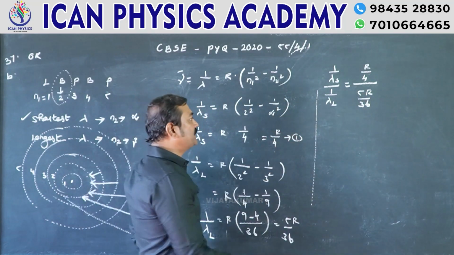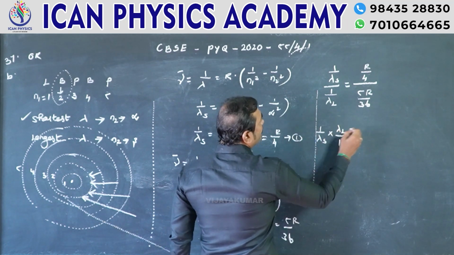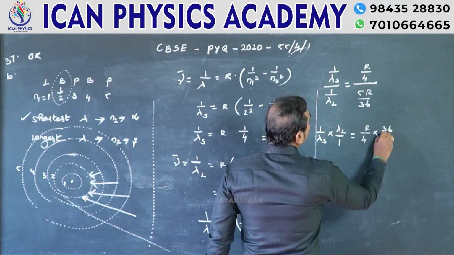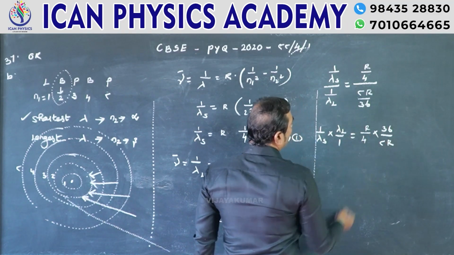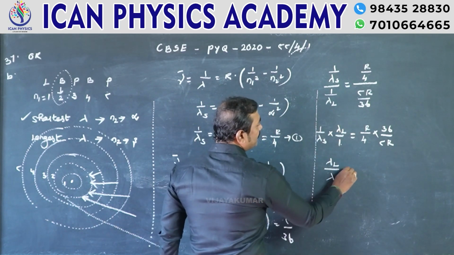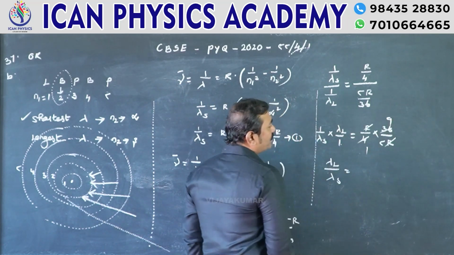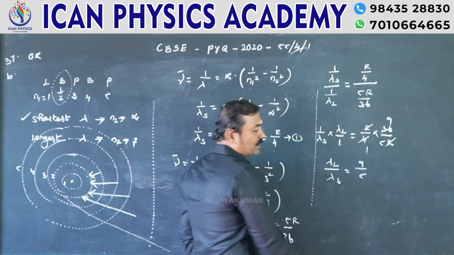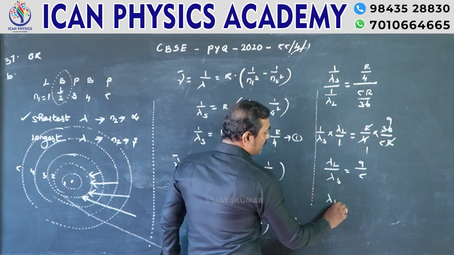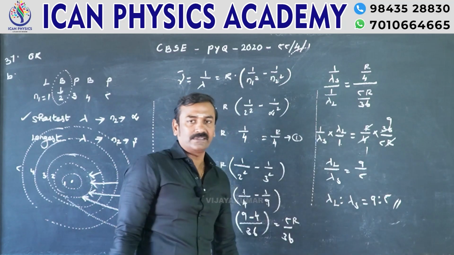Now it becomes a reciprocal: lambda L by lambda S equals R by 4 into 36 by 5R. R gets cancelled. 9 fours are 36, so 9 by 5. So the ratio of longest wavelength to the shortest wavelength, lambda L is to lambda S, equals 9 is to 5. This is your answer.